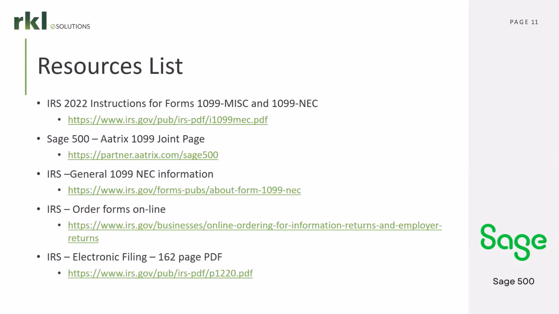Here's a resource list. 1099 instructions. I'm just going to pause here and say that you will receive a set of these slides, so you'll have these links to use. And one of the links on here, the order forms online.